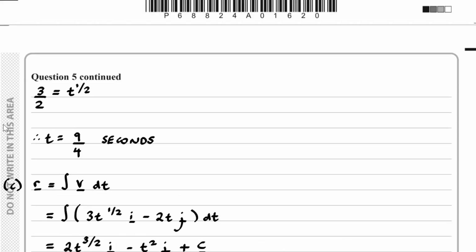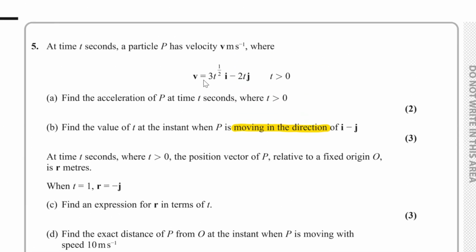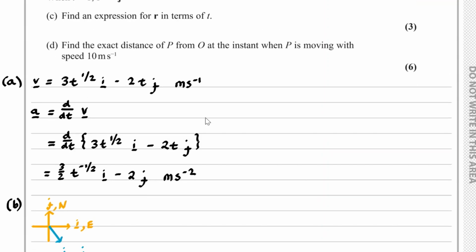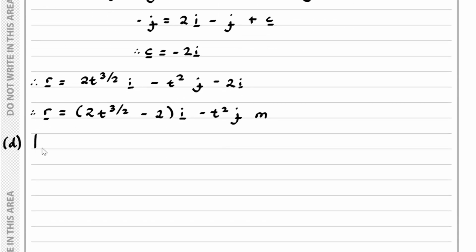For part D of the question, we need to find the exact distance of p from O at the instant when p is moving with speed 10 meters per second. Now, we already know what v is. The magnitude of v is of course equal to 10.